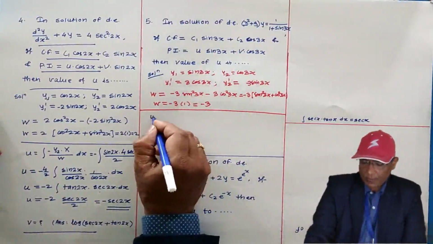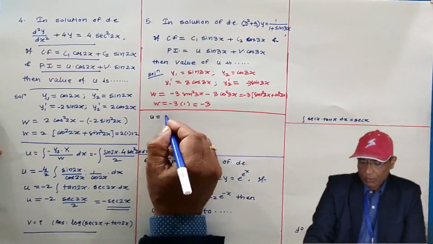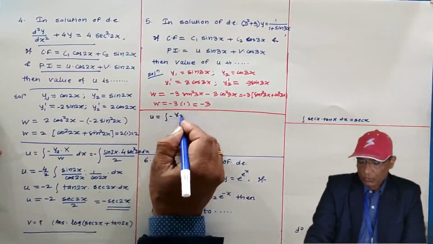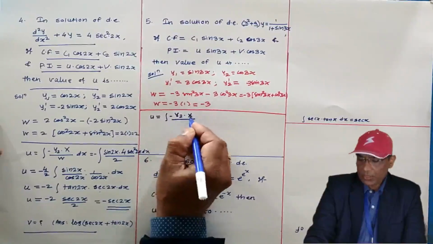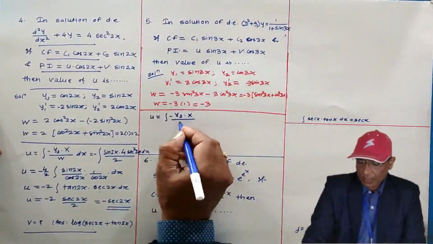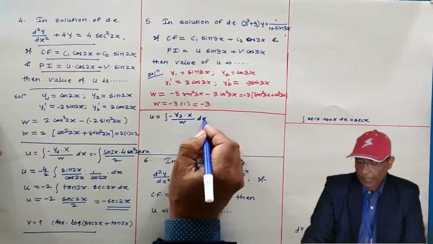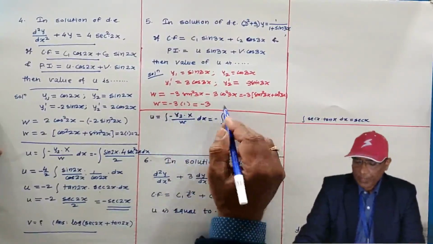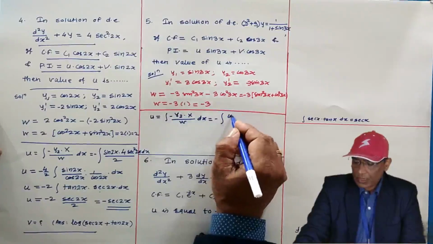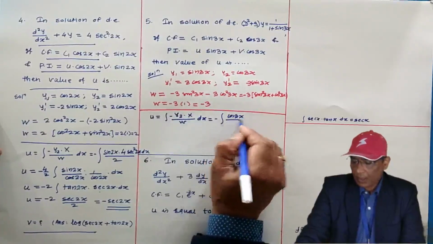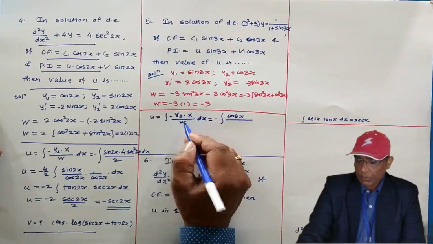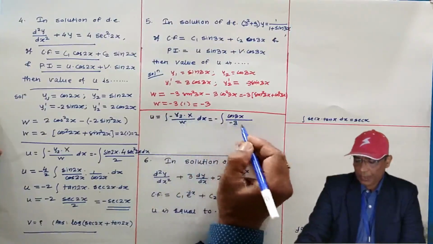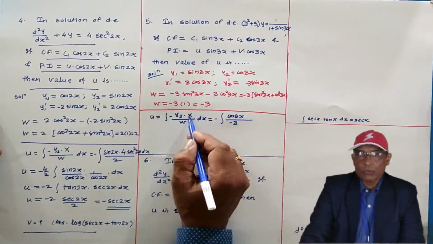U equals the formula: minus integral of y2 into the right hand side of the differential equation, capital X, divided by W. Put the value of y2, with minus taken outside, y2 is cos 3x and W is minus 3, dx.